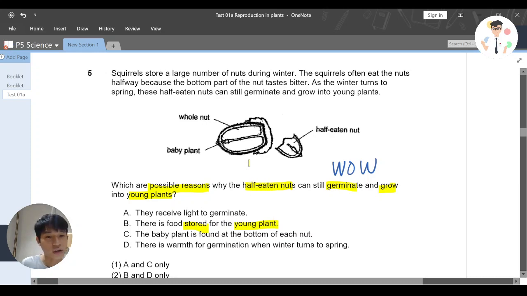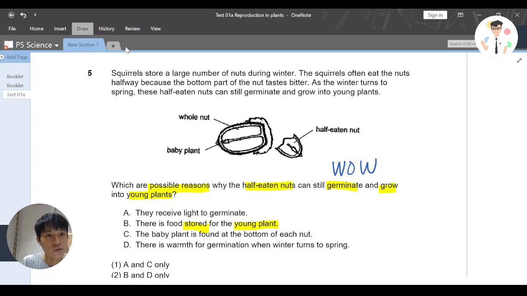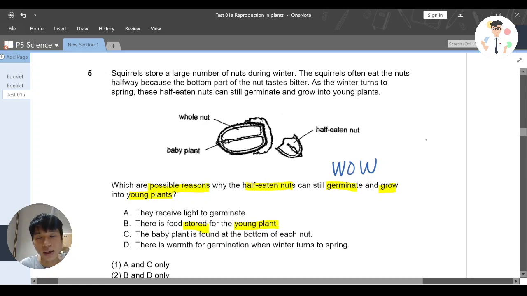This sounds very interesting. What do I mean by food store for the young plant? Just remember that there's a seed that lives inside, and that basically is the energy food, the food store. Because they can't make their own food, since they don't have leaves to trap light, that's why there's a food store inside.